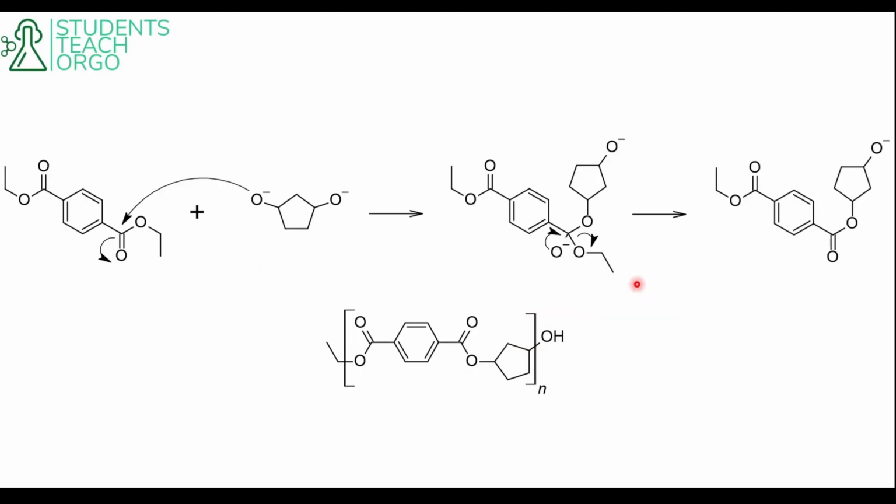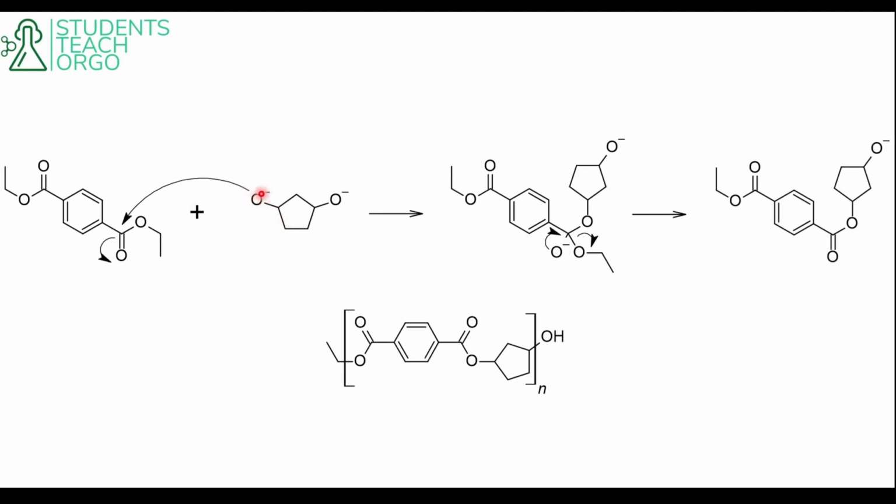And so just looking at the mechanism, one thing I should point out is for the diol, you can deprotonate the alcohols, and then they'll still be nucleophilic enough to attack the ester carbons here. Either way, I guess it's okay.